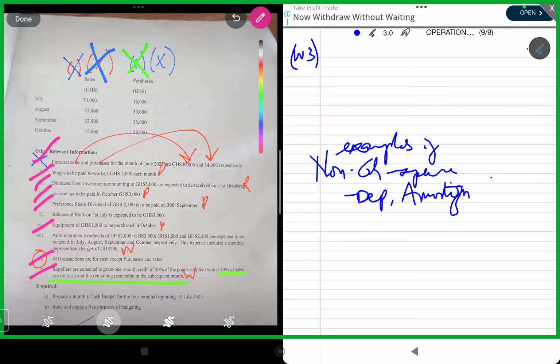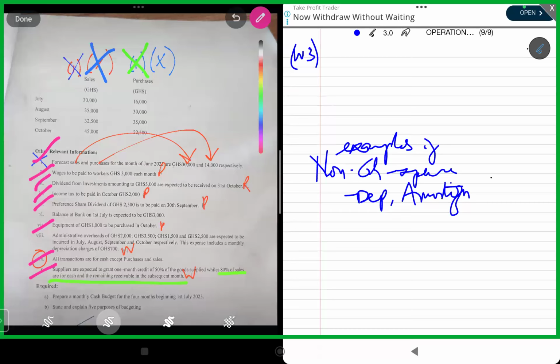So the administration overhead of 2,000, 3,500, 1,500 and 2,500 is to be incurred in July, August, September, and October. This expense includes a monthly depreciation charge of 700. So every month there was a depreciation of 700.